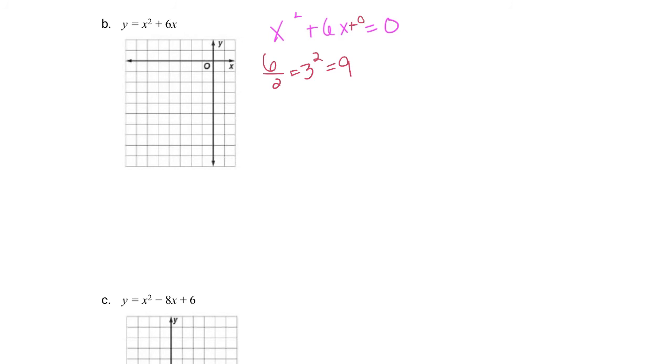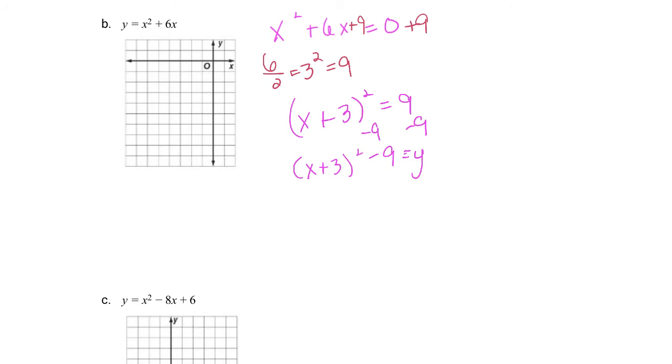So that's plus 9 plus 9. So we've got x plus 3 squared equals 9. I want everything on the same side. X plus 3 squared minus 9 is y.